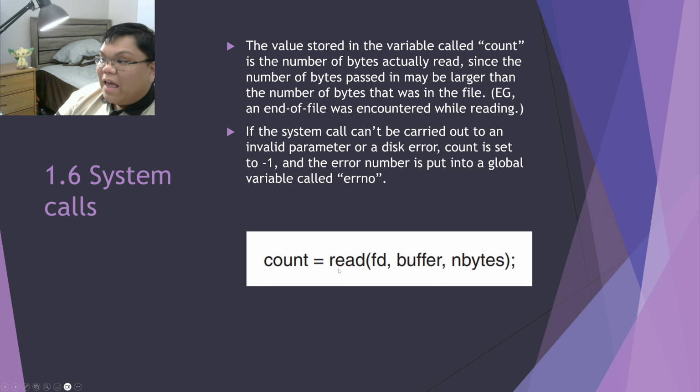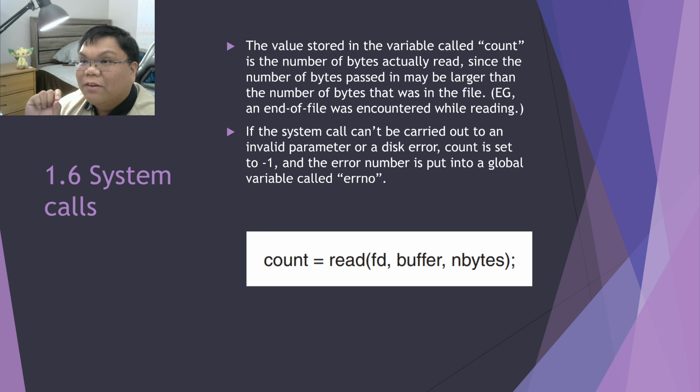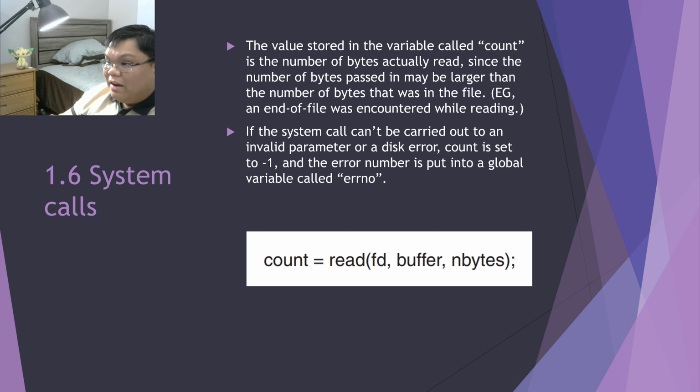So this count is going to store the number of bytes that we successfully read from the file. For example, we can try to read 1000 bytes from a file and only get 800 bytes read because that's how big the file was, and we hit an end of file while reading.